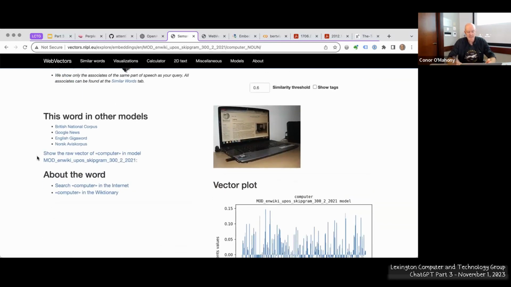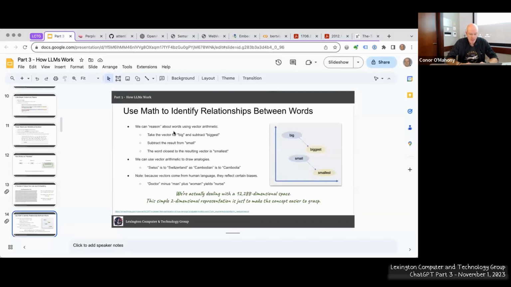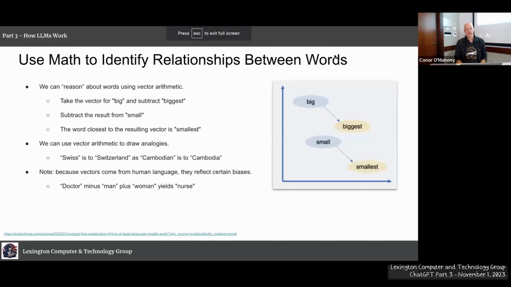We're going to get a little bit deeper here now for a few moments. So I mentioned earlier in passing that one of the benefits of these vectors is we can do certain types of math on them, and that they preserve relationships between words. Okay, what do I mean by that?